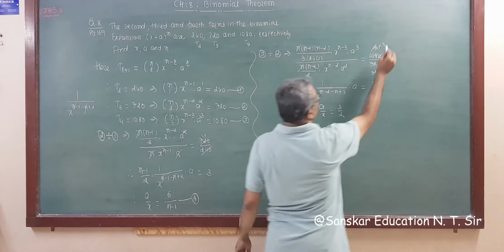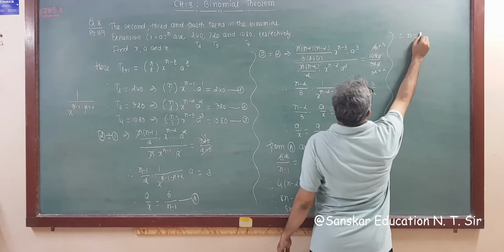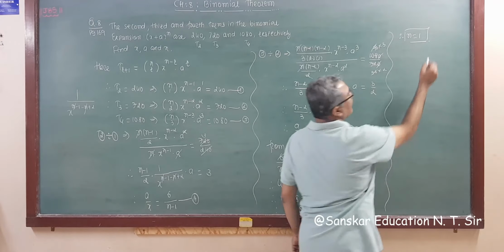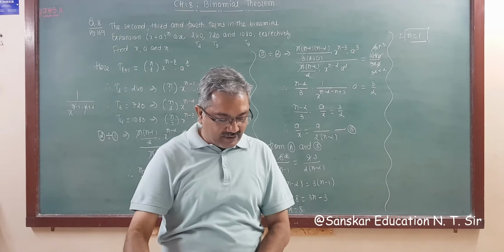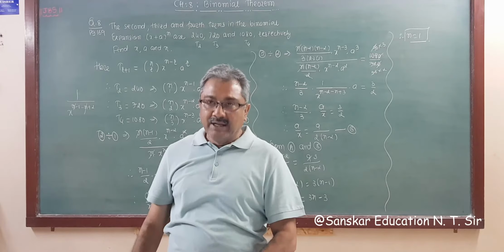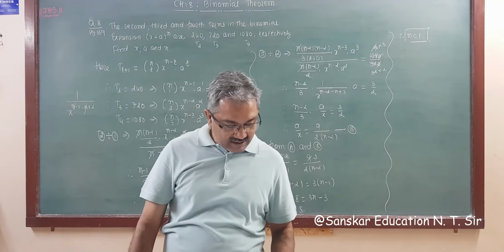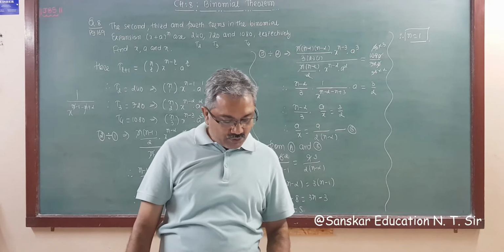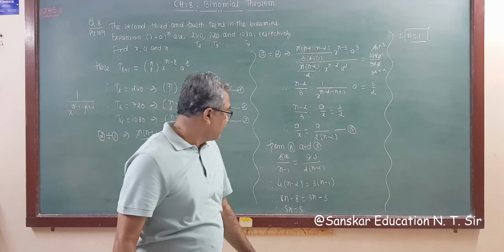So we get n is equal to 1. This is the value which we want to find out, that is n is equal to 1. Now I'm just checking what is the answer of this. The answer is n is equal to 5, so how do we get this? What is the mistake?